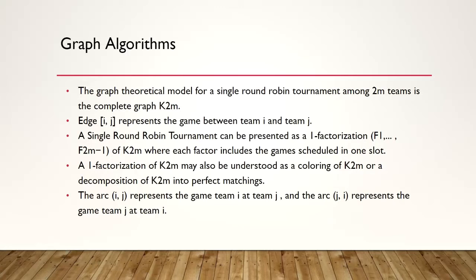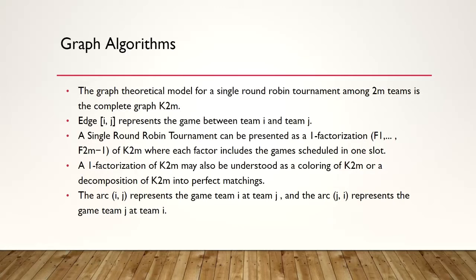So now we will be discussing the graph algorithms that are used, and the variations of scheduling algorithms within this series. The graph theoretical model for a single round robin tournament among 2M teams is the complete graph K2M.